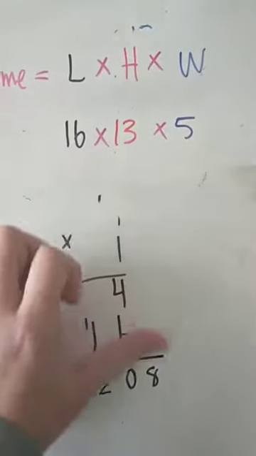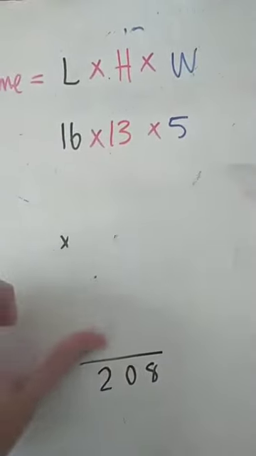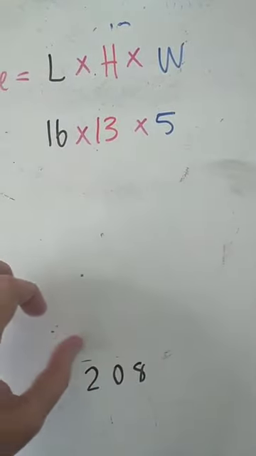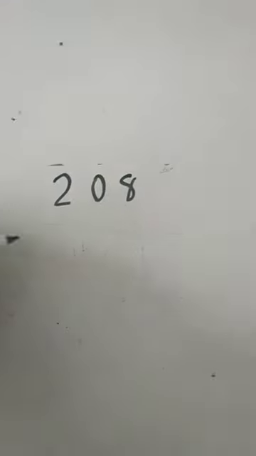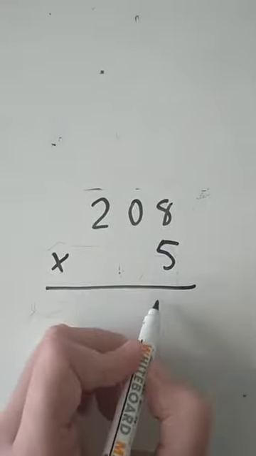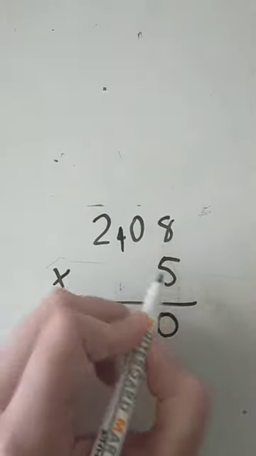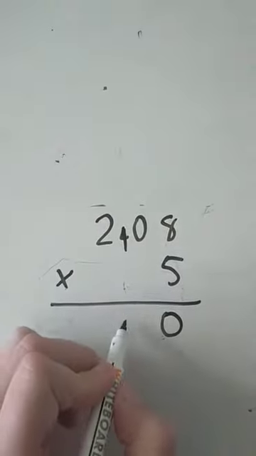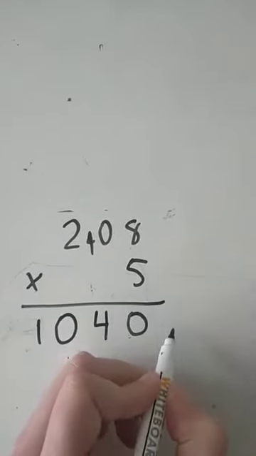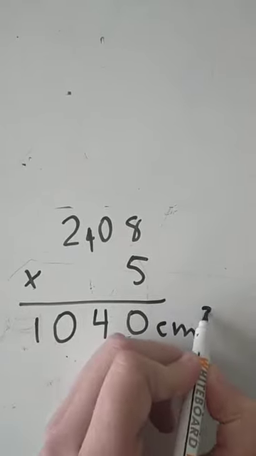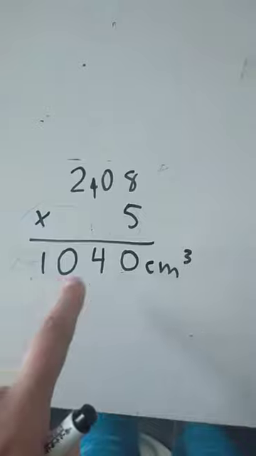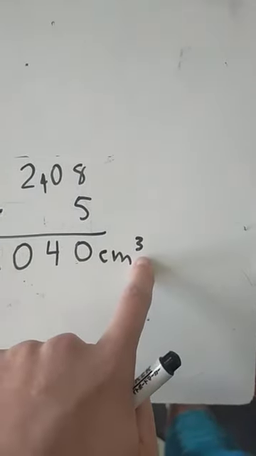So now I'm going to wipe this out just so I can get it out the way and not confuse you. 208 times 5. 8 groups of 5. 5 groups of nothing plus 4. 5 groups of 2. So my answer to what is the volume of this shapes box is 1040 centimetres cubed.